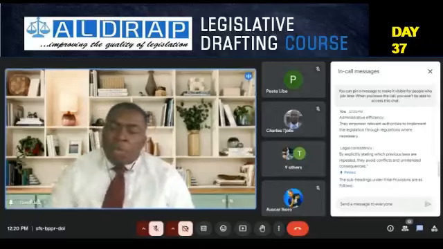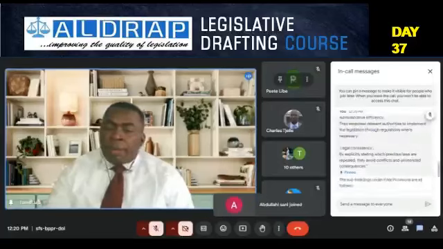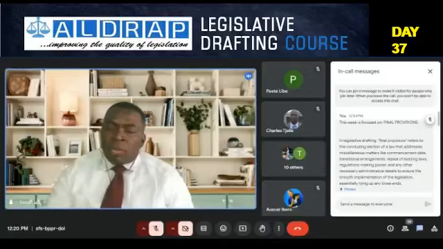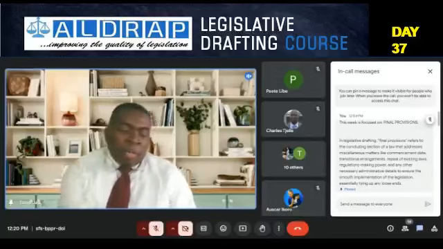Now, what is the purpose of final provisions? One of the purposes is to create legal consistency. That is, this new law must fit into the existing law.